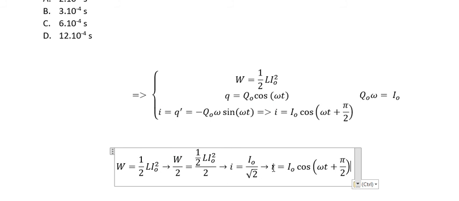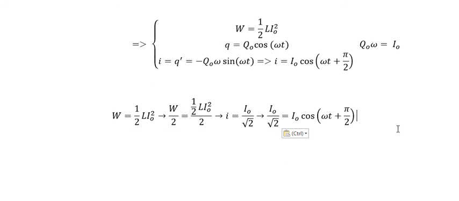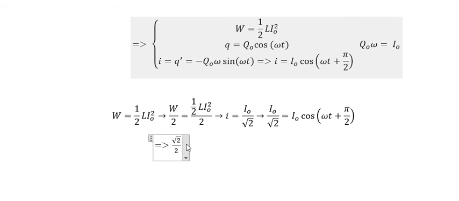So we change the little i here to I naught over the square root of 2. We have I naught and I naught, we simplify, and we get square root of 2 over 2 equal to cosine of this number.